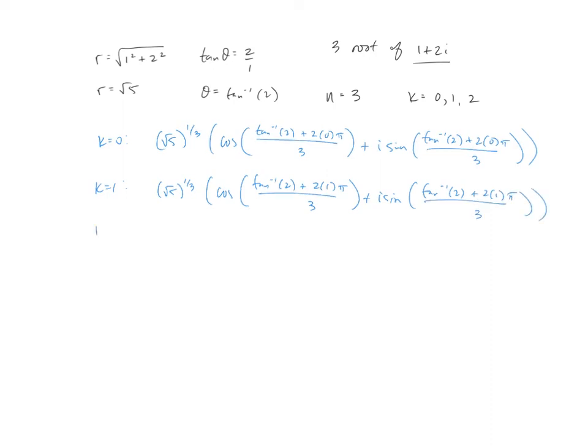And finally, we'll have k equals 2. So the square root of 5 to the 1/3 cosine of inverse tan of 2 plus 2 times 2 pi all over 3 plus i sine of inverse tan of 2 plus 2 times 2 pi all over 3.